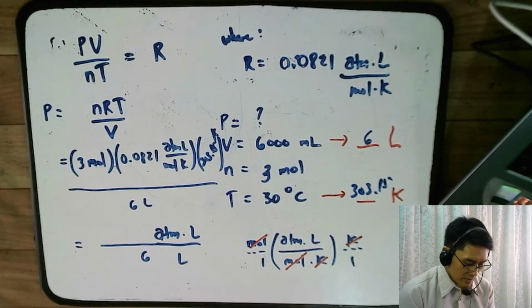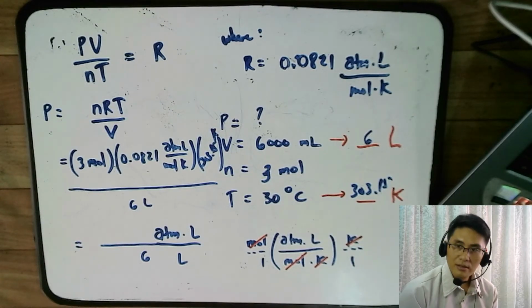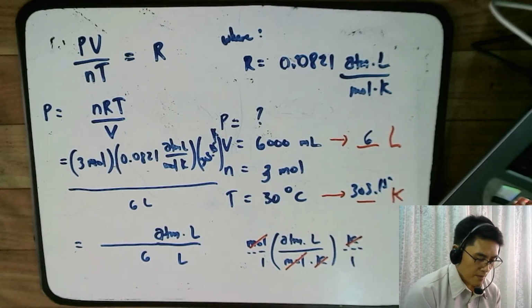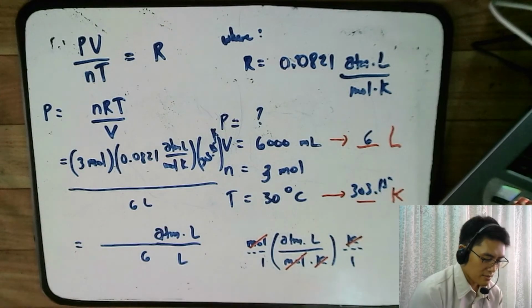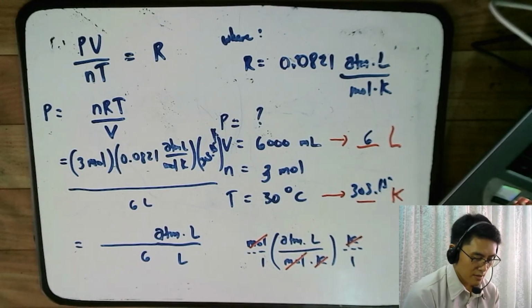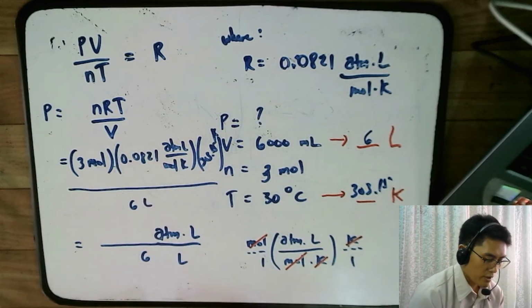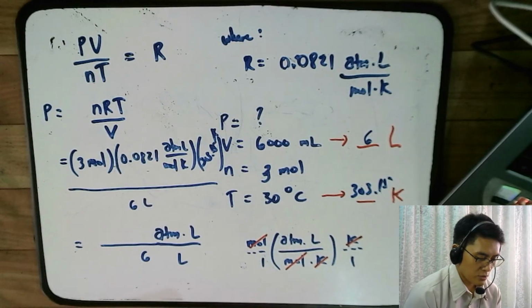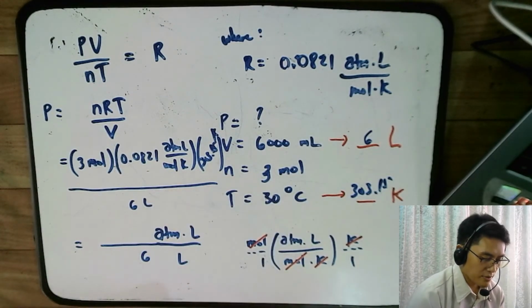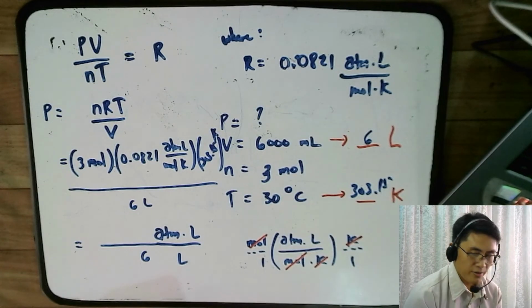So let me get my calculator real quick, if I can find it. Where is it? It's here. So let's have 3 moles, right? Multiply that with 0.0821, and then multiply that by 303.15.